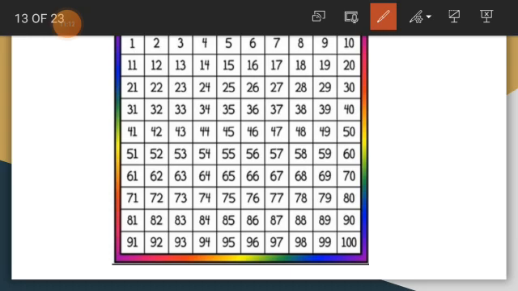Yes, for example, the number is 45. Okay, which number comes before 45? That is 44. Which number is after 45? That is 46. So here you add +1 and here you -1.